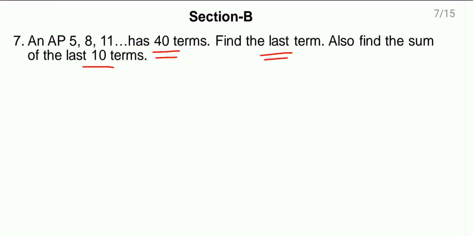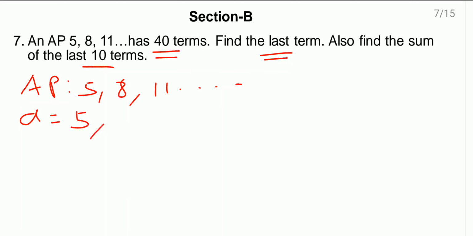Let us write down first the AP. So this AP is 5, 8, 11 and so on. First term is given as 5. And the common difference is second term minus the first term. 8 minus 5 which comes as 3. Right? So as they told us, find out the last term. That means the 40th term we will find out.